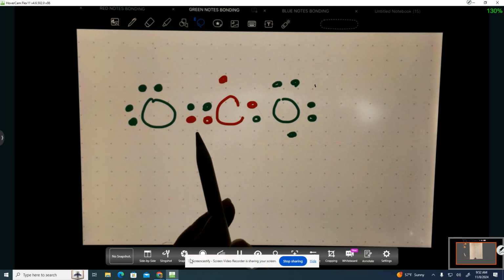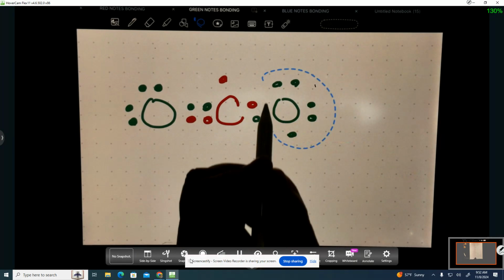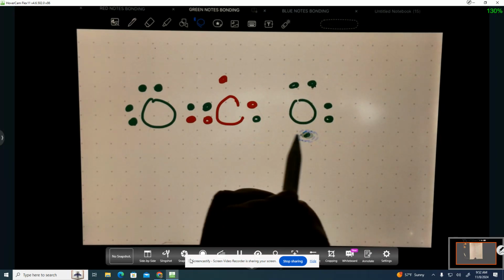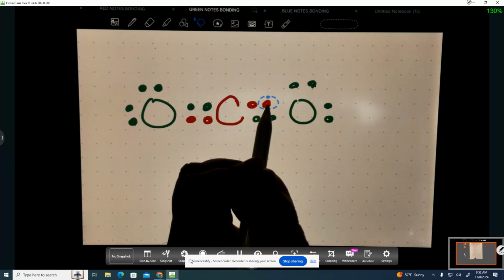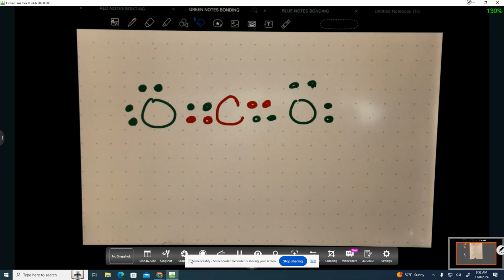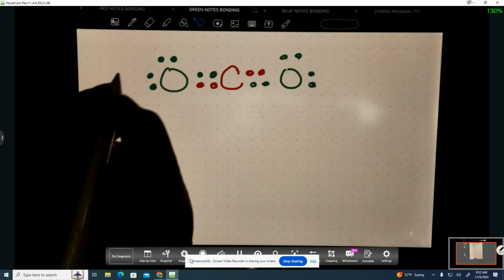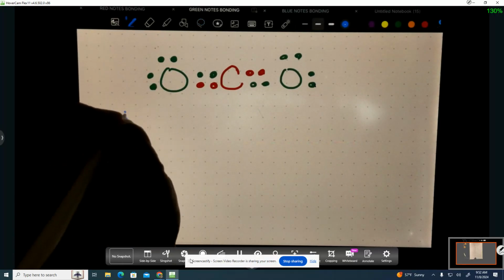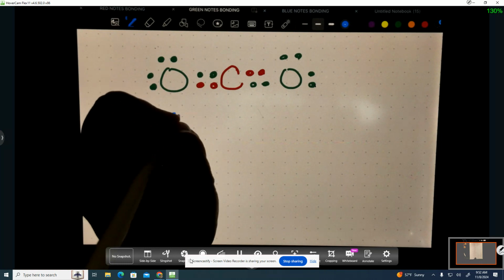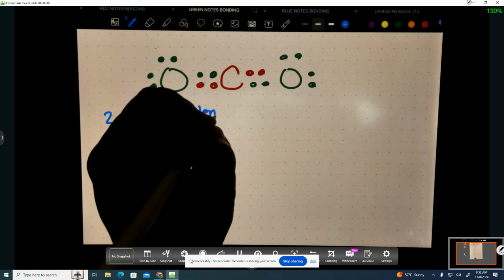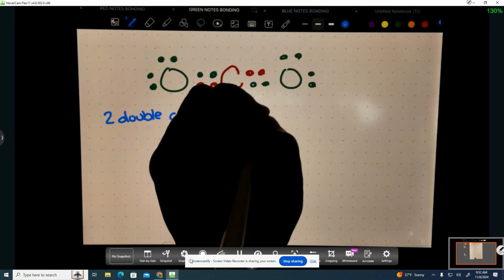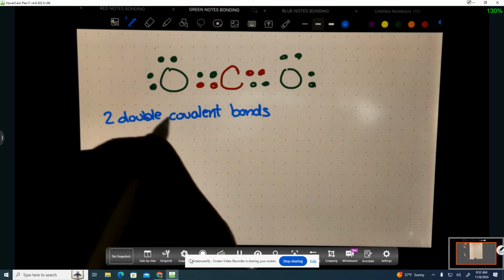That's a double covalent bond. This one is also going to move. So you've got a double covalent bond. Now everybody is satisfied. Carbon dioxide has 2 double covalent bonds.